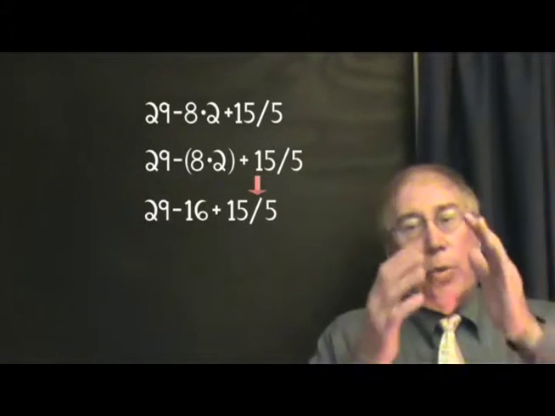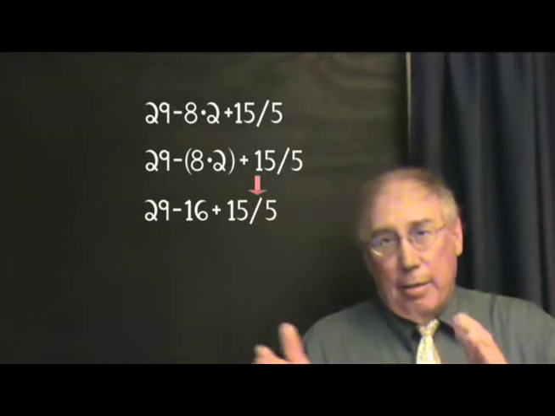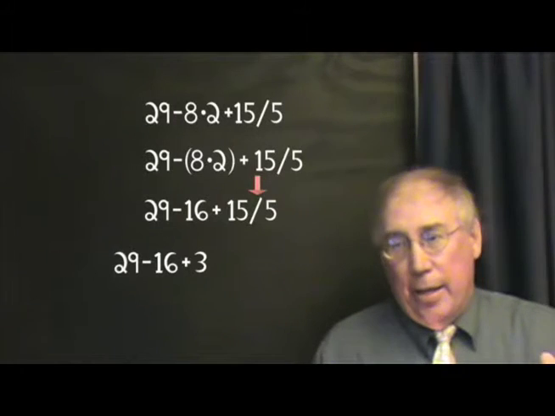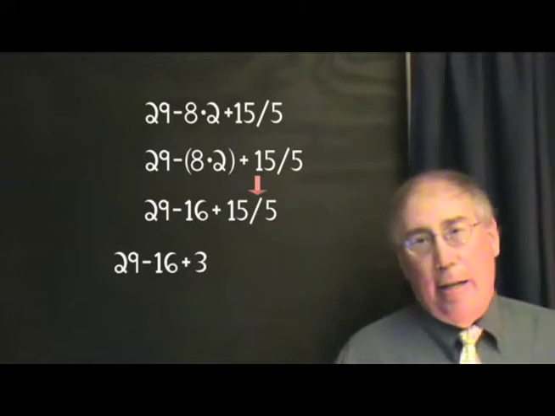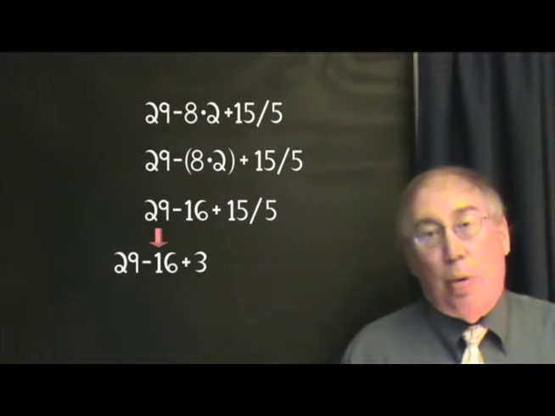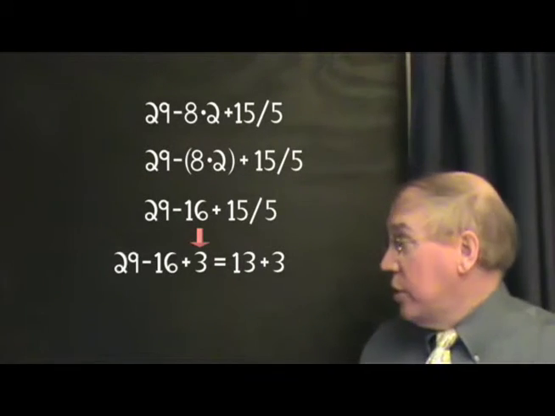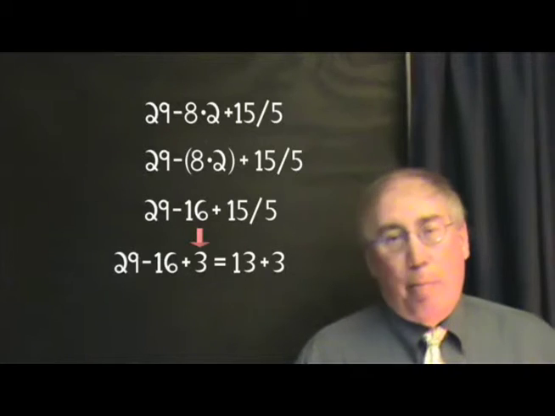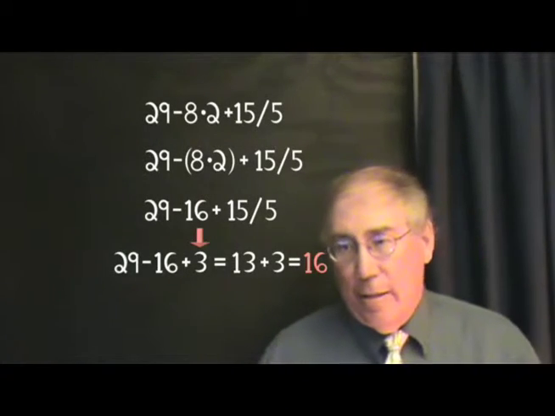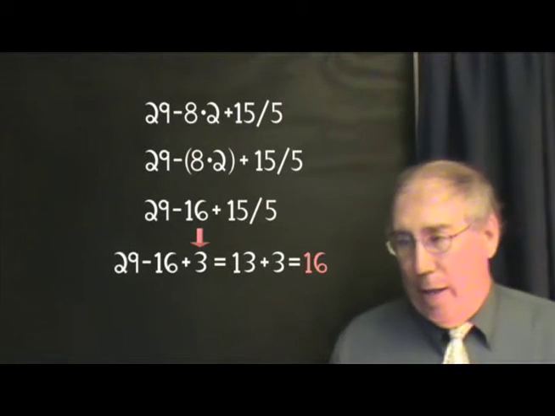Now we'll then want to reset our marker there to the beginning and go through and do our subtraction and addition as we go from left to right. So 29 minus 16 is 13, plus 3 gives us 16, and so we've done that problem.